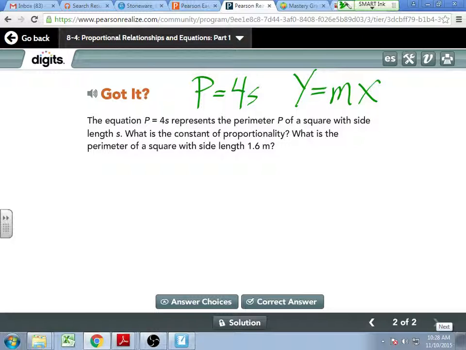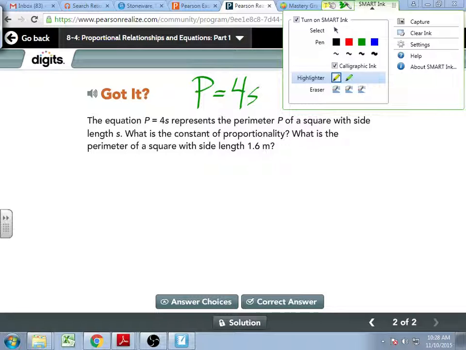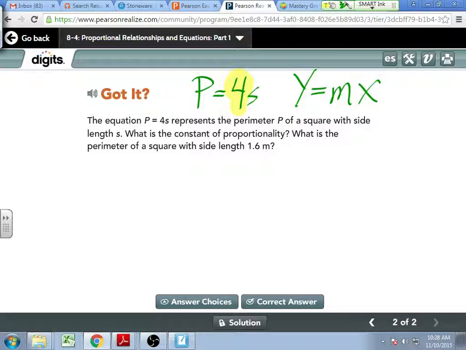Do you know what our constant of proportionality is? You can always pass it. 4. It's whatever is multiplied by your variable. So really you're looking at what variable's alone. Whatever variable's not alone, it's going to have a multiplier. That's your CP. So my constant of proportionality here is 4.